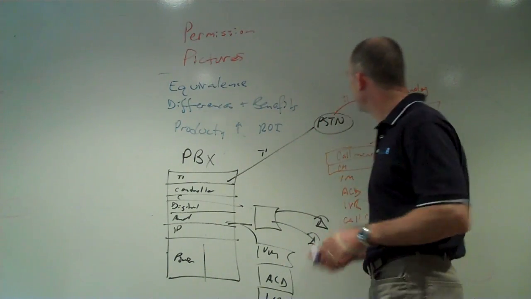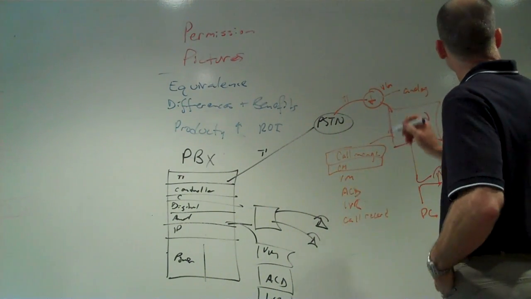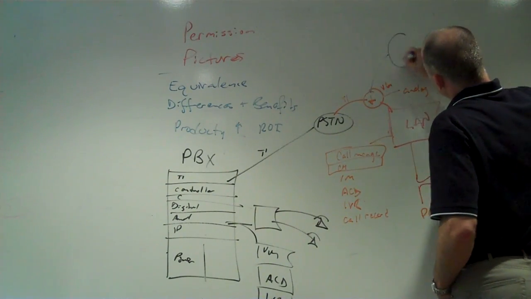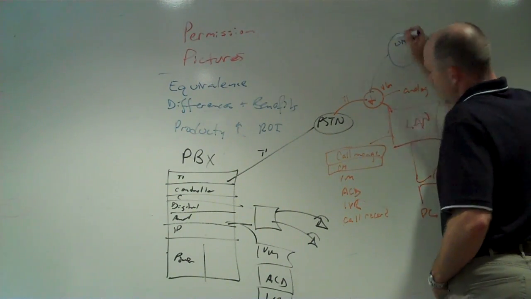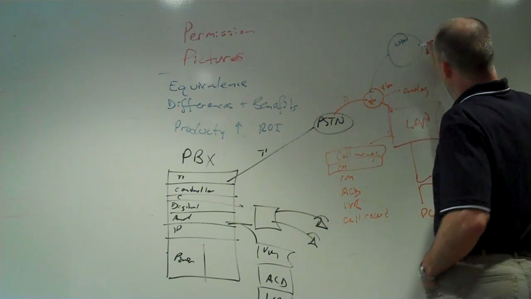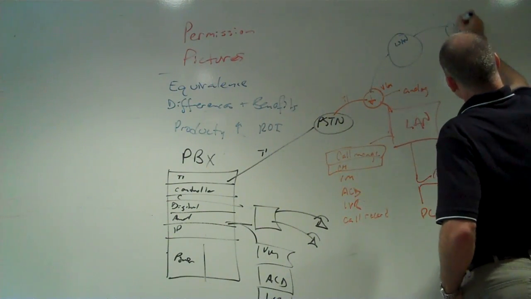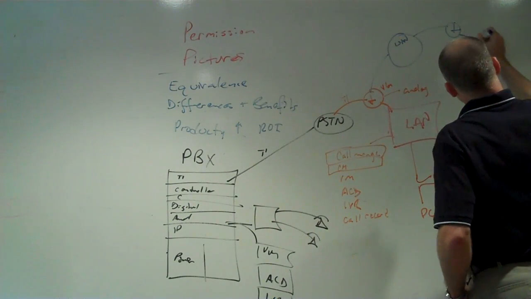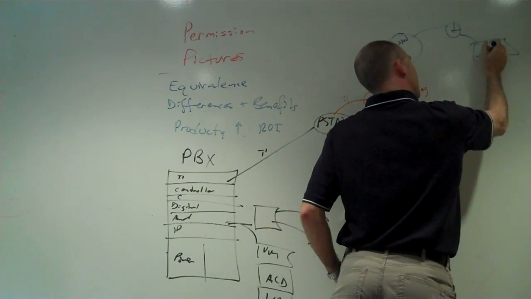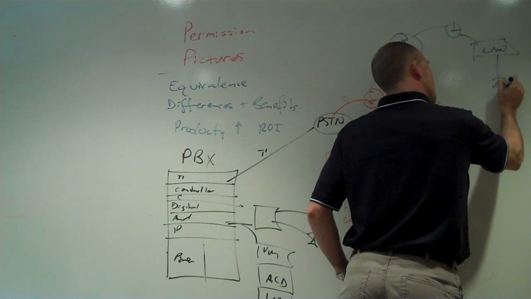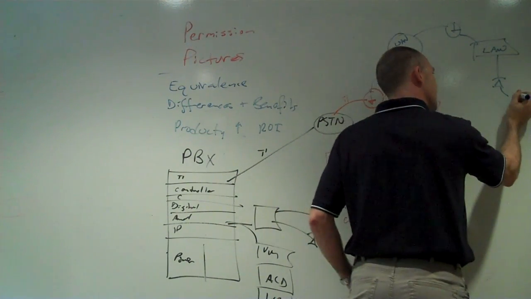The way that you do that is most people have a wide area network, which you might know as an MPLS or a Metro Ethernet network, something like that. It connects into the router, the same thing as the voice gateway. We put a router and voice gateway at the other site, on our local area network. Then we put handsets at the other site connected to the PC, just like at the main site.